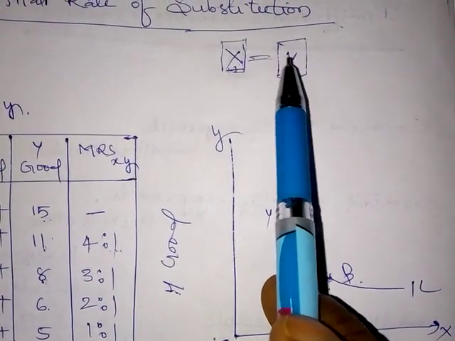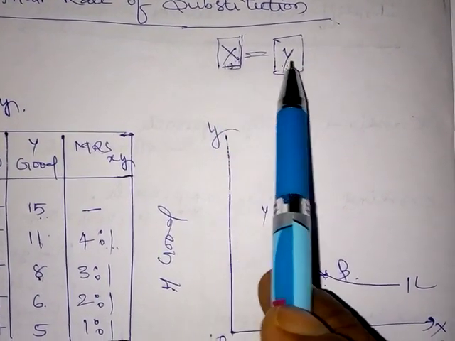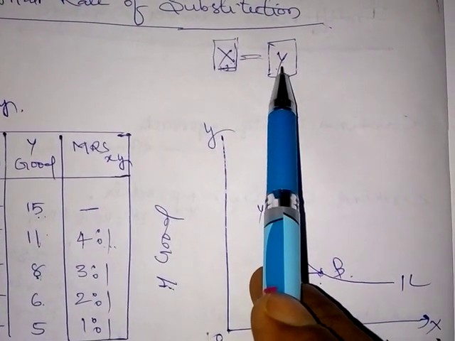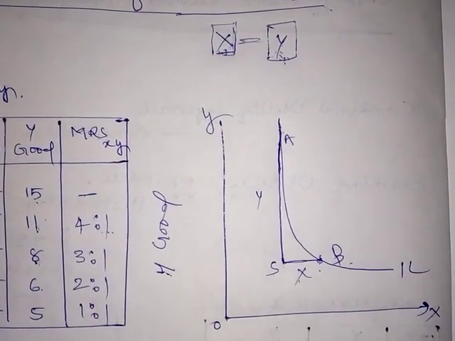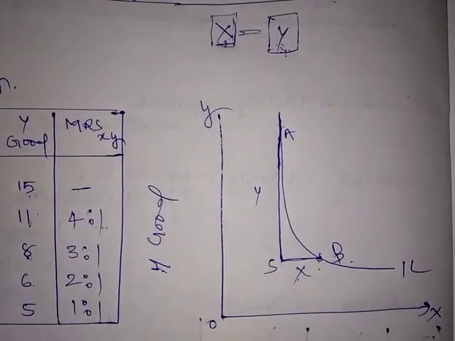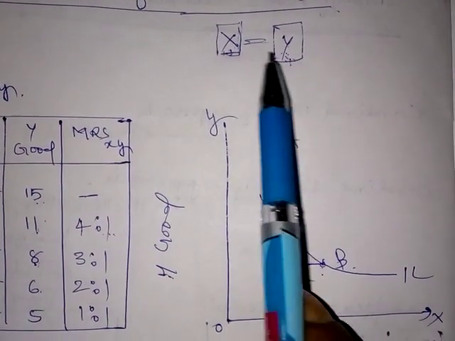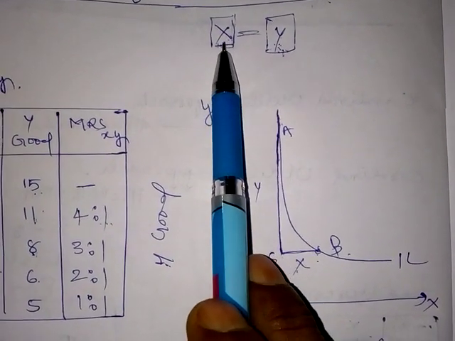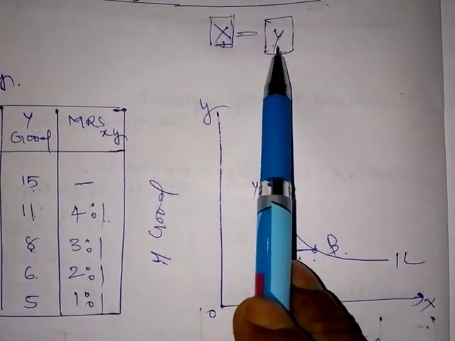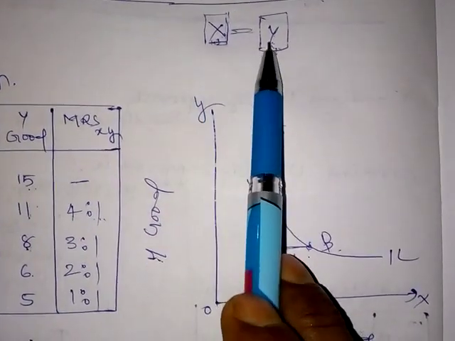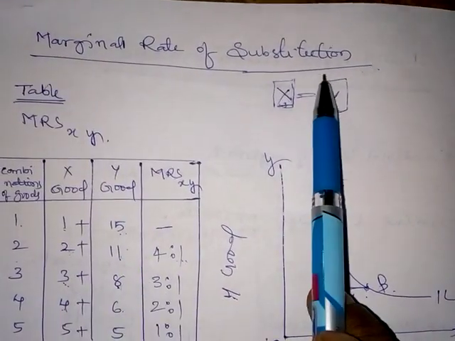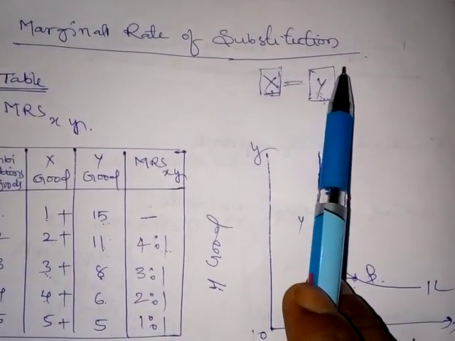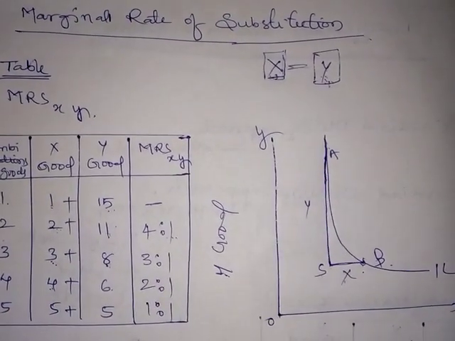For example, it is assumed that X is giving more marginal utility than Y. Then he substitutes X for Y. Or some other times, if he feels that Y is giving more marginal utility, he substitutes Y for X. Right? So the rate at which X is substituted for Y or Y is substituted for X is called marginal rate of substitution. The diminishing marginal rate of substitution is the main reason for the negative slope of indifference curve.